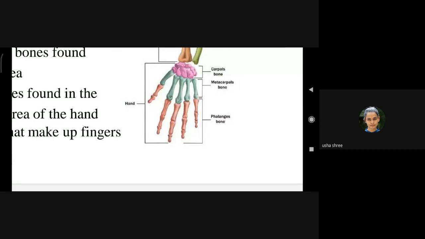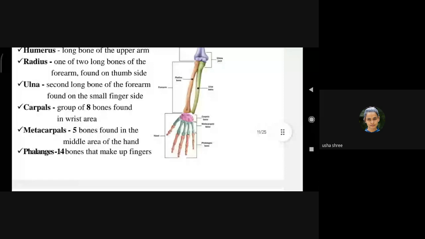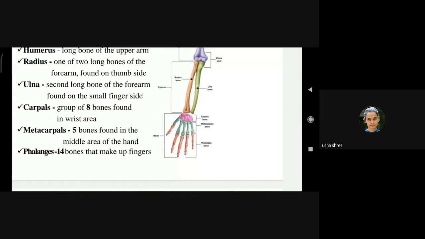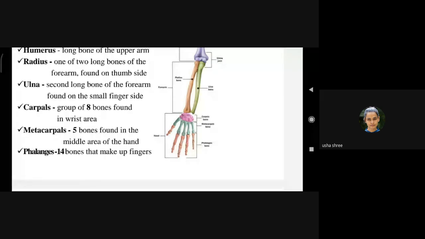And the remaining 4 fingers are consisting of 3 bones each, adding to 12 in number, and the thumb is consisting of 2 phalanges. So 12 plus 2 equals 14. Like this, all the fingers in our hands and legs are made.